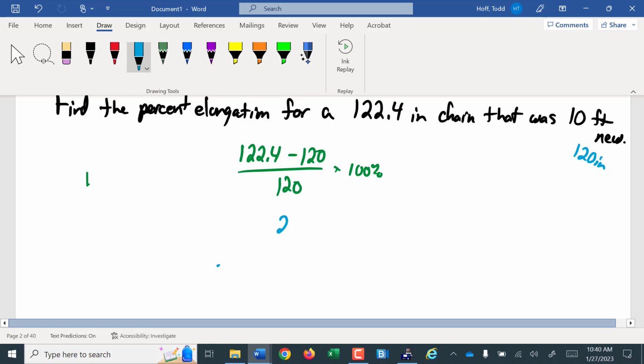Good. We subtract there, we get 2.4 inches. Divide by 120 and then times 100 gives us 2. So it's 2% elongation. That chain is probably worn out.